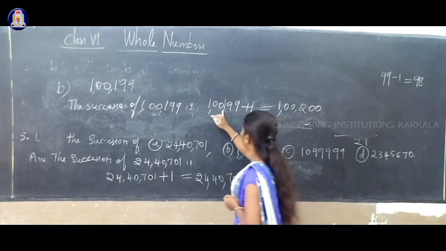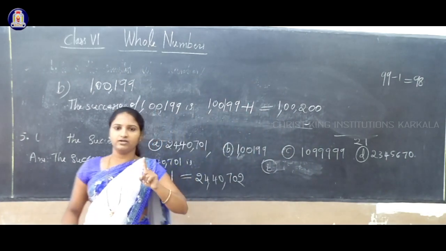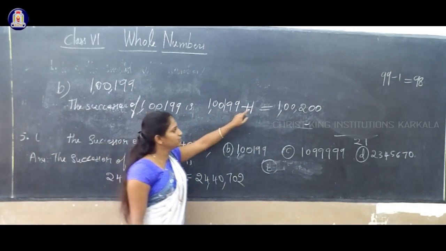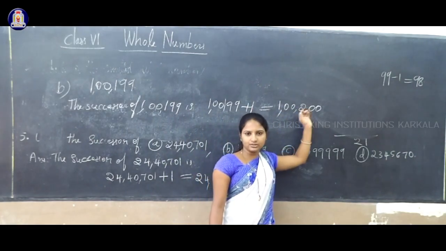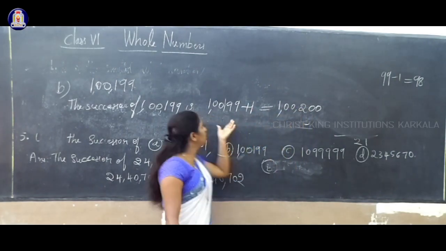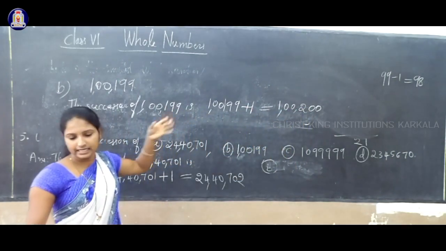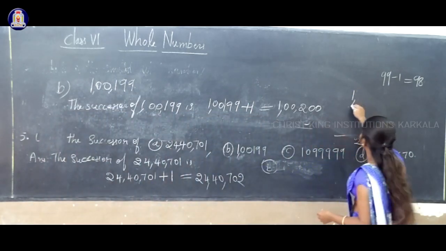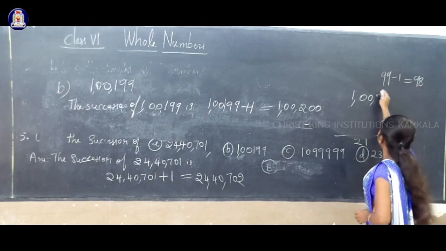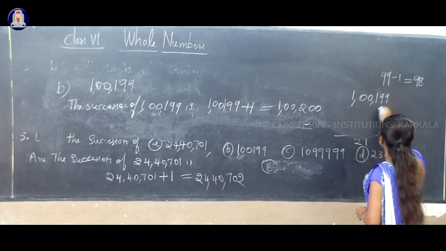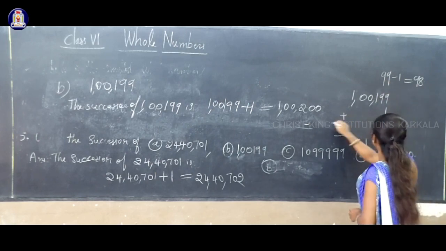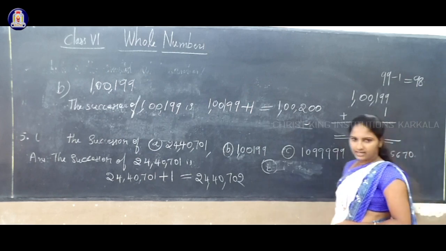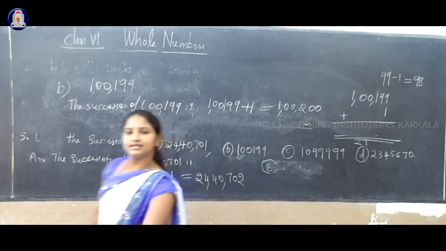How 200? 199 plus 1 is 200. Clear? So this is the successor of 1 lakh 199. If you want, you can write like this: 1 lakh 199 plus 1. Add like this, we get the answer. Clear?